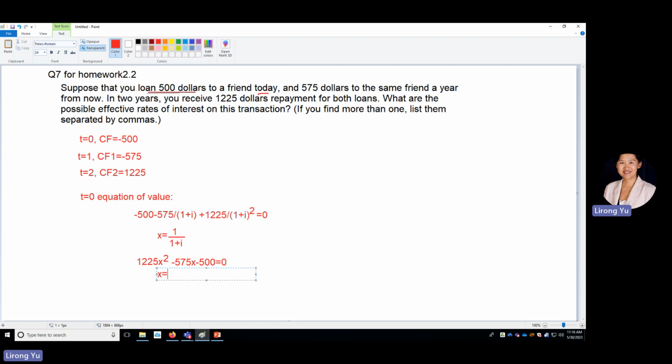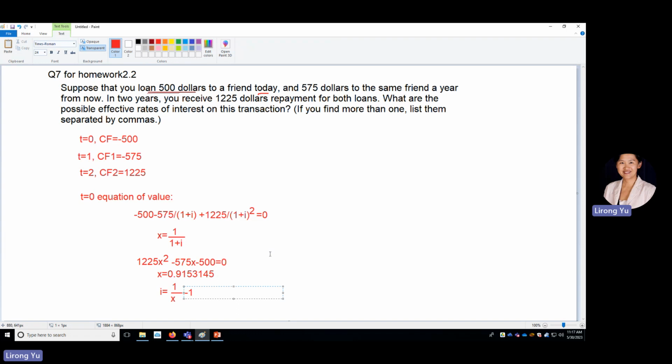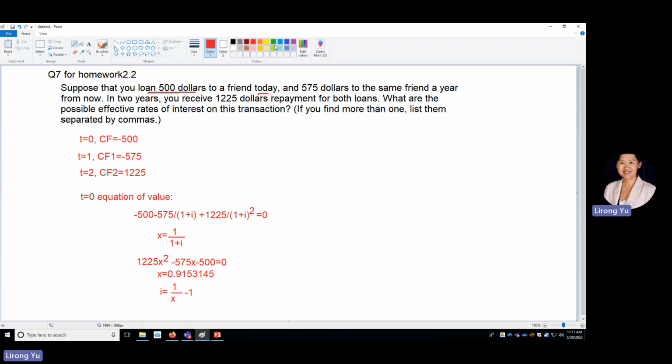So we take the positive value, and I get a solution that x is equal to 0.9153. You can double check yourself; that's the x value I get. From this x value, you can solve for I. I is equal to 1 divided by x, minus 1, from the equation up there.